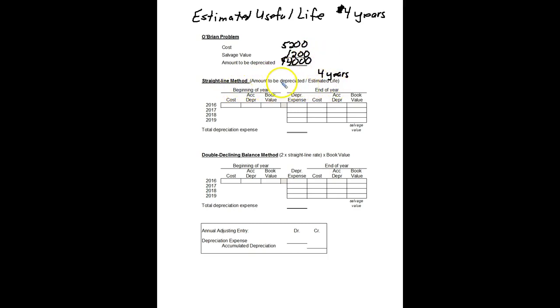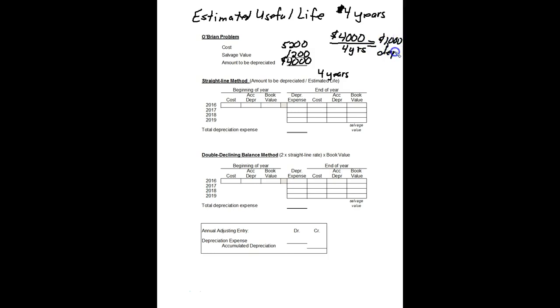So we want to figure out, what's going to be the depreciation? Well, there are a couple of ways of doing that. We've already seen the straight line method, and that's a really common method where we take the $4,000, the amount we expect to use, divide by 4 years, and that will give us $1,000 annually that we anticipate depreciating.